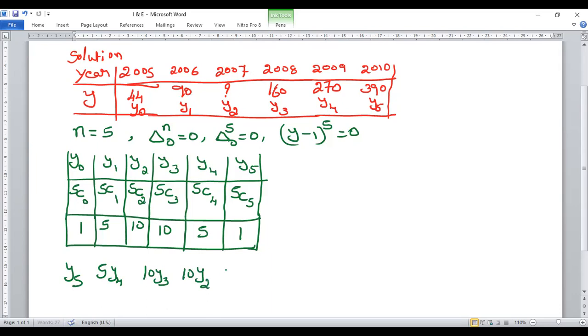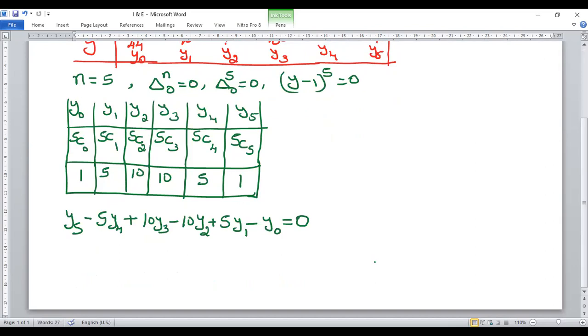Then 5 into y1 is 5y1. And 1 into y0 is y0. So here (E minus 1) to the power 5 is equal to 0. The terms are either negative or positive, so we need to write alternating signs. That is, the first one is positive, then negative, positive, negative, positive, and negative. That is equal to 0. The right-hand side should be equal to 0.